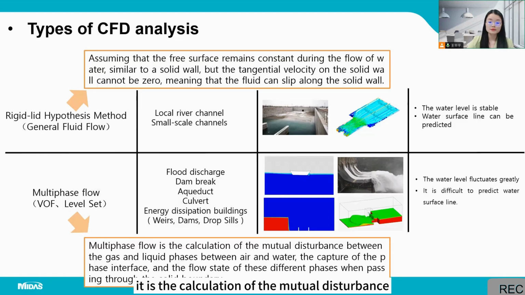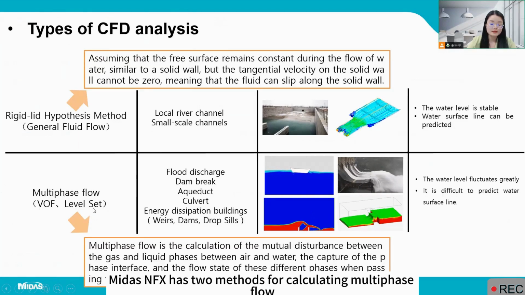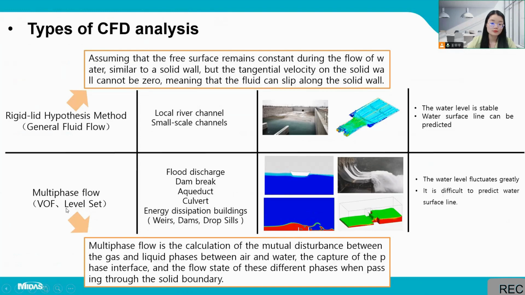It is the calculation of the mutual disturbance between the gas and the liquid phase, between air and water, the capture of the phase interface, and the flow state of these different phases when passing through the solid boundary. Midas NFX has two methods for calculating multiphase flow, namely VOF and the level set.